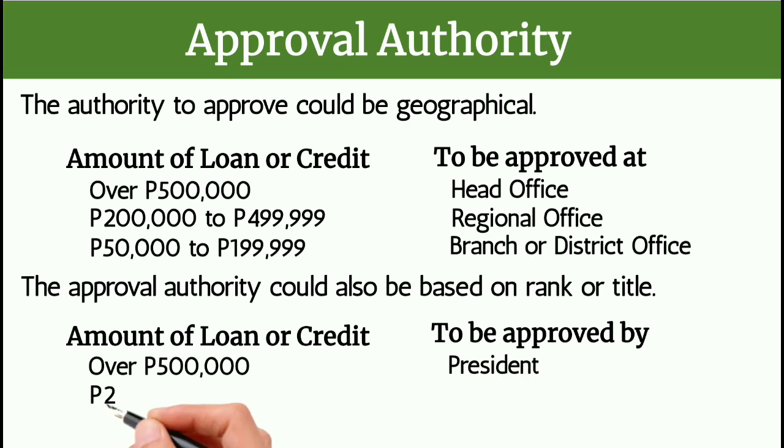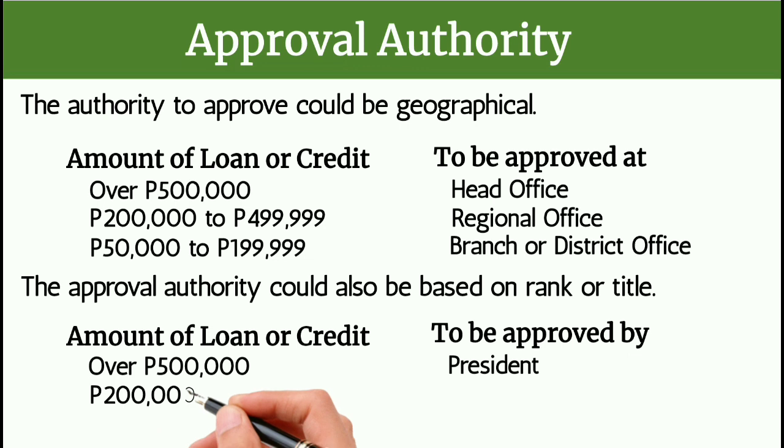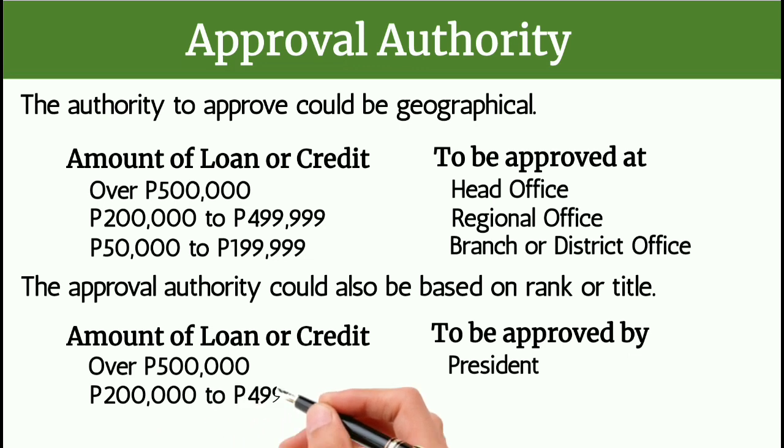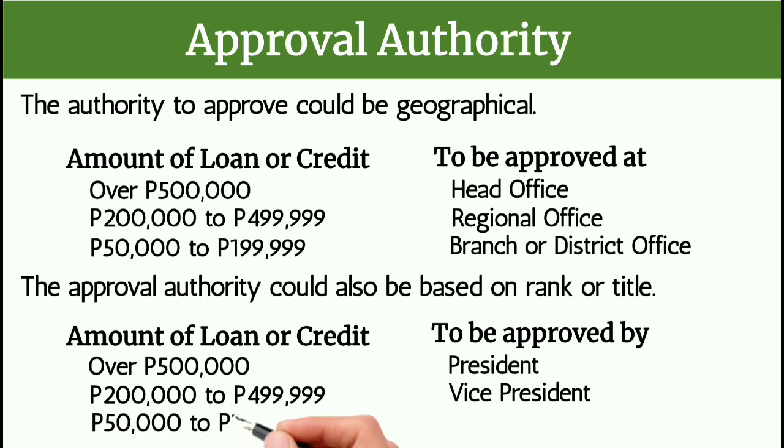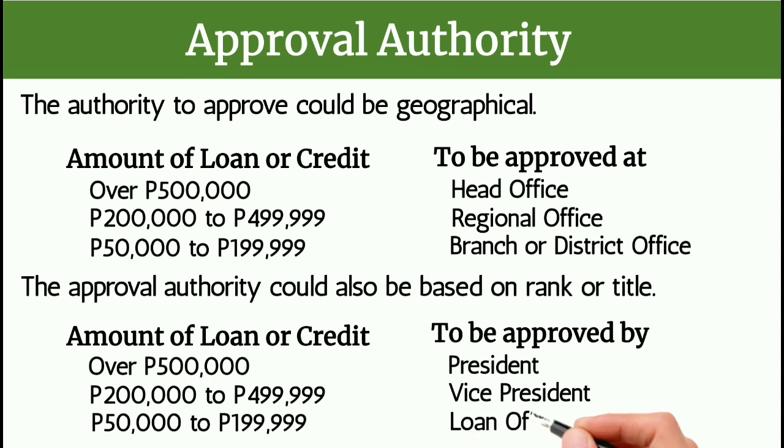If the amount of loan or credit is 200,000 pesos to 499,999 pesos, that is to be approved by the Vice President. And if the amount of loan or credit is 50,000 pesos to 199,999 pesos, that is to be approved by the loan officer.